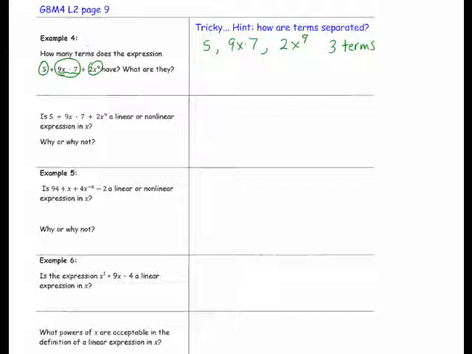Is 5 plus 9x times 7 plus 2x to the 9th power a linear or a nonlinear expression in x? Why or why not? So let's simplify this, and that gives us 5 and then 63x and 2x to the 9th. So determining whether it's linear or nonlinear, you want to take a look at the variable x and its exponents.